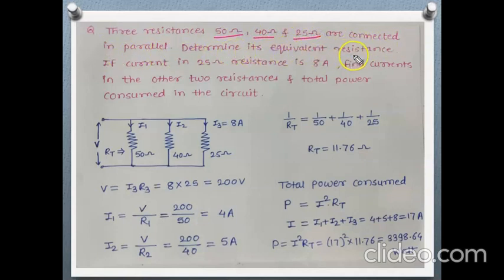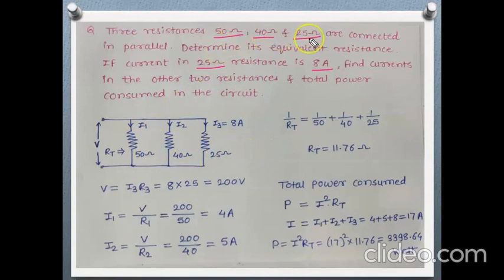Determine its equivalent resistance. If current in 25 ohm is 8 ampere, find current in the other 2 resistances and total power consumed in the circuit. Here the data is given, and according to that we have to draw the circuit first so that our calculation will become easy.